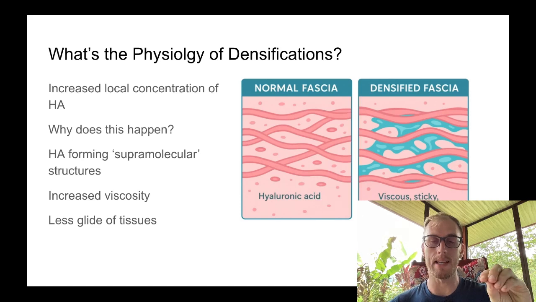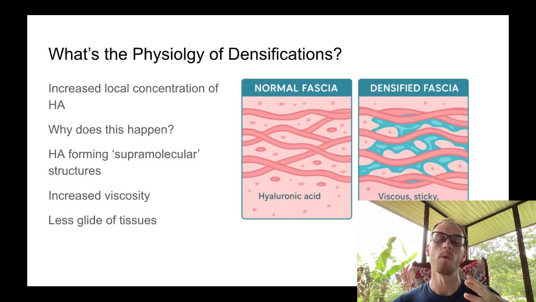Though this lesson is mostly going to be focused on the ground substance, because that is where hyaluronic acid is found. Within the ground substance, we have glycosaminoglycans, of which hyaluronic acid is one. We have glycoproteins, and we have a whole bunch of other things going on within the ground substance as well.